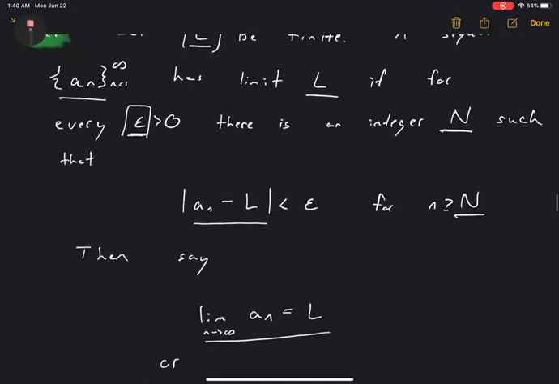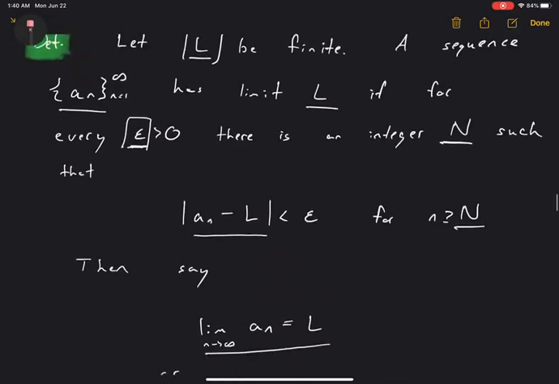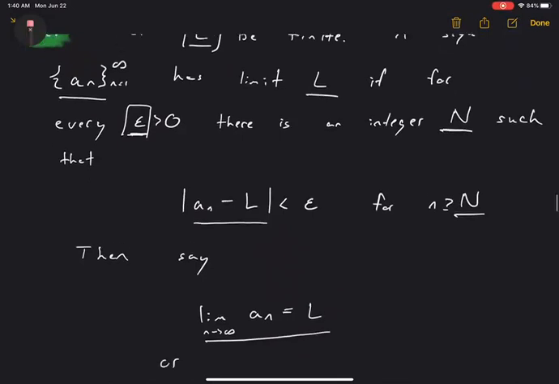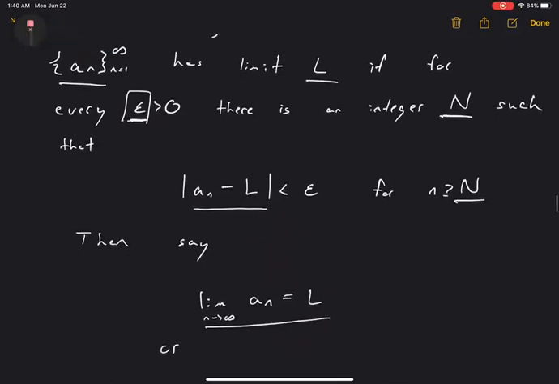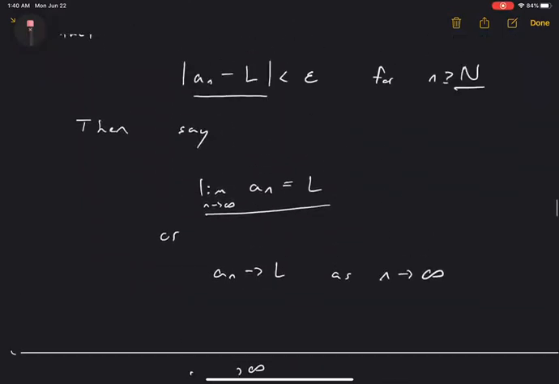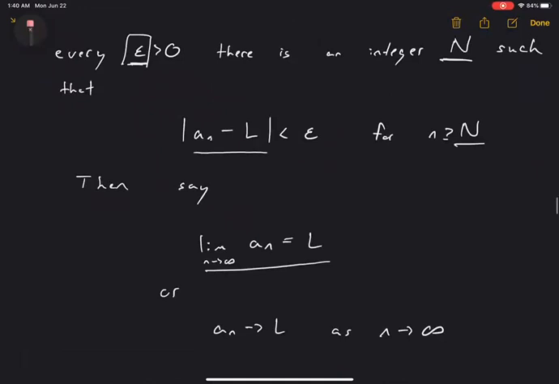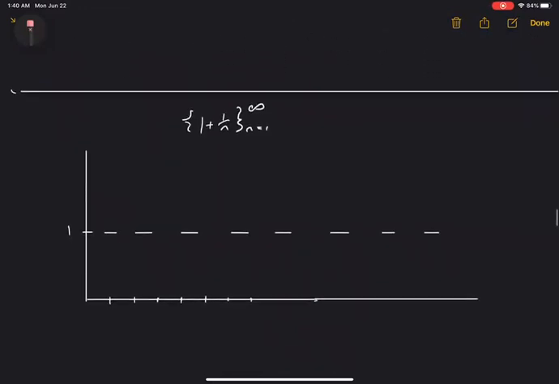So we say that the limit of a_n is equal to L if for every small number epsilon, the distance between a_n and L is eventually less than epsilon. So again, maybe that's not very clear. This is where the graph comes in. These graphs of our sequences.